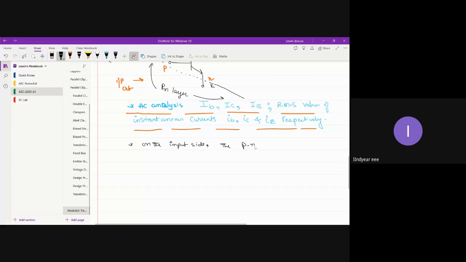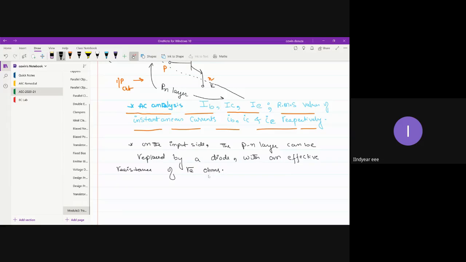The PN layer can be replaced by a diode with an effective resistance of RE ohms.